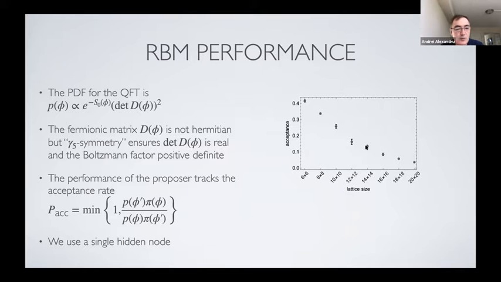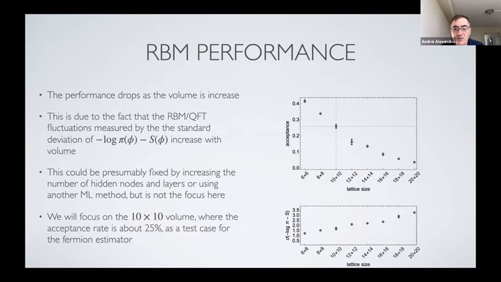So this introduces inefficiencies in the problem, and of course this can be fixed. But for our purposes, we fixed ourselves to a single point here, a 10 by 10 lattice, where the performance of the accept-reject step is about 25 to 30%.